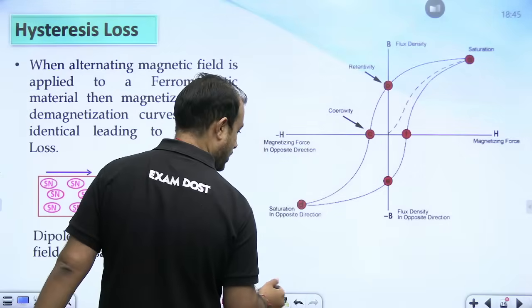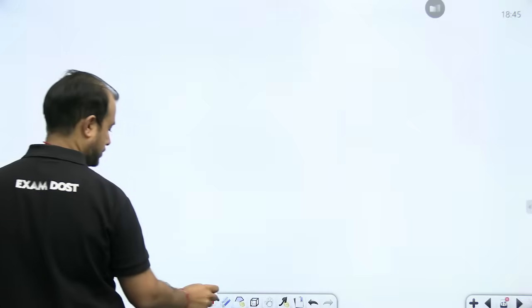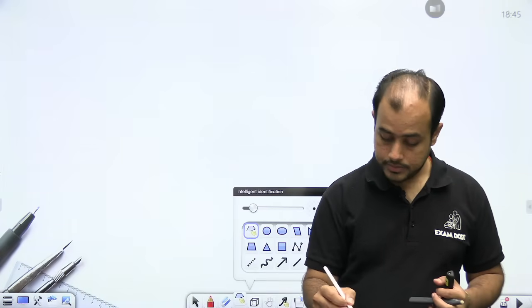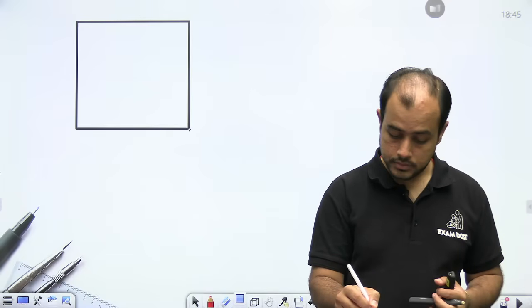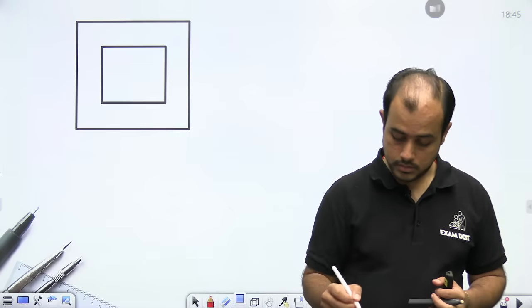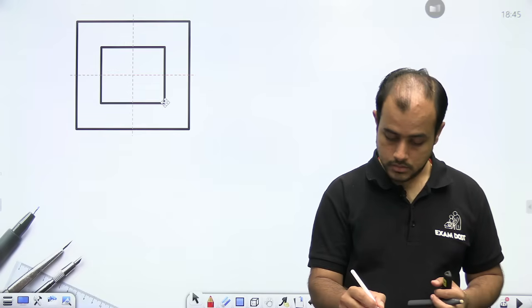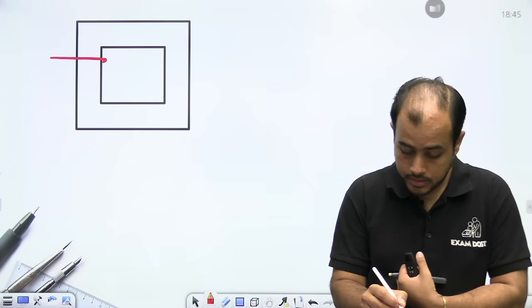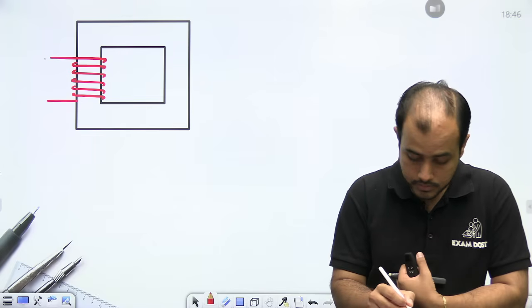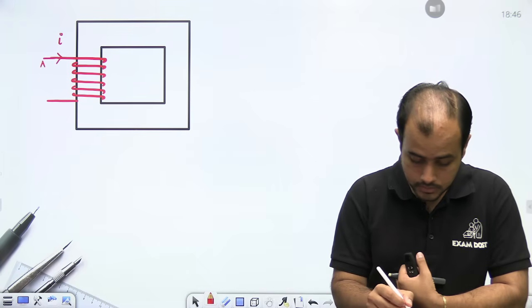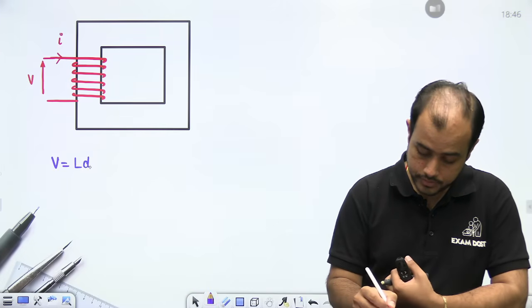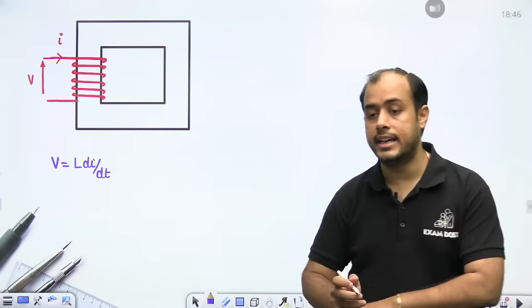Just a minute. Here also we will make the same figure in order to understand better. Now see. This is the voltage. Voltage is L di by dt.